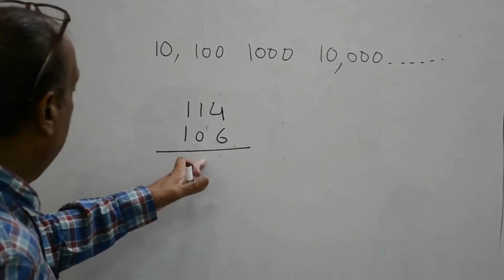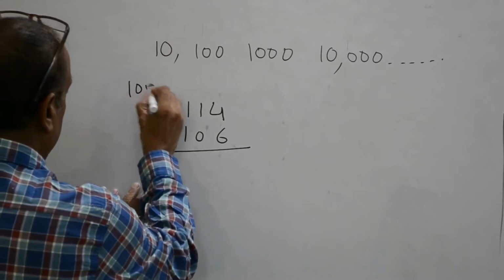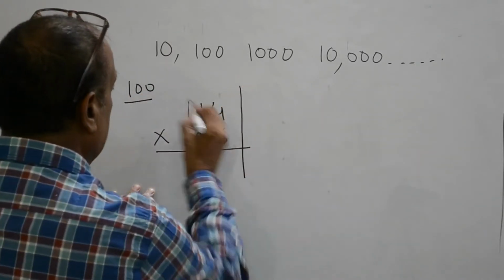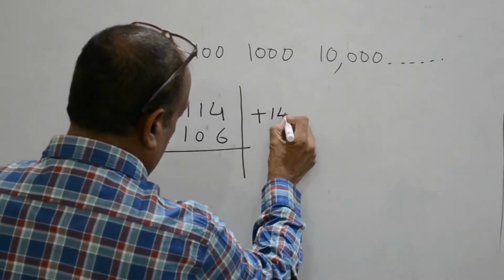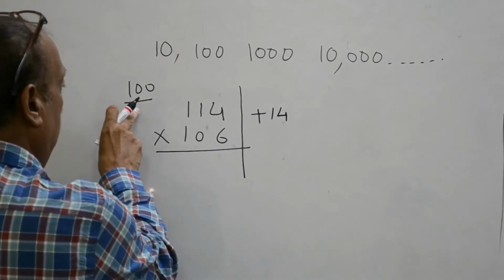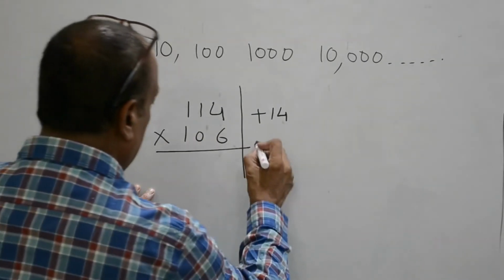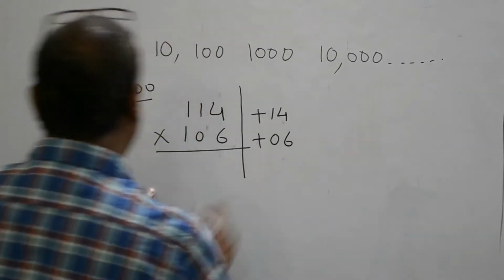These two numbers are near the base 100. This number is 14 more than the base 100 and this number is 6 more than the base 100.